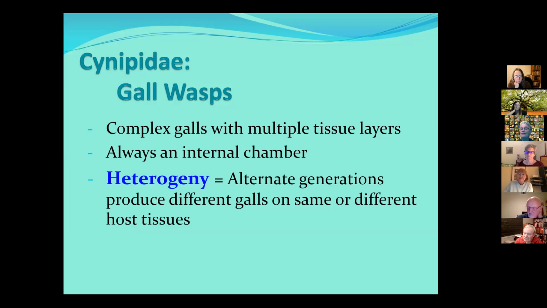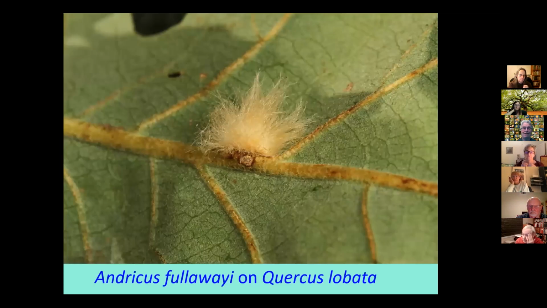And then the alternate generation is bisexual, both males and females, usually in about equal numbers. They're ready to mate, and then only the females will be laying eggs. And it could be a totally different kind of gall and on a different tissue. So here's Andricus philowei.